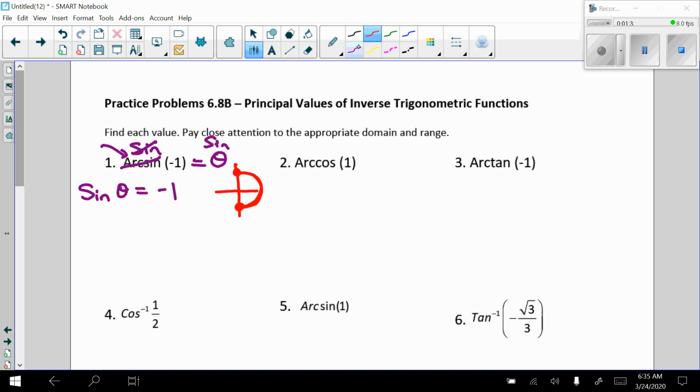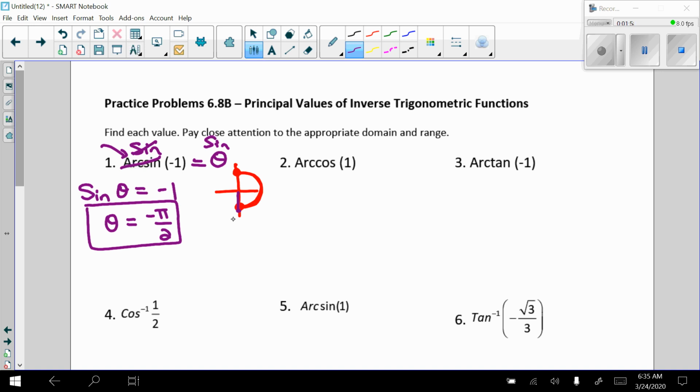Of course, we know that sine is the height, and we're looking at theta equals -π/2. That is the angle within the given domain that gives us an arc sine of -1. Okay, so hopefully that made sense.